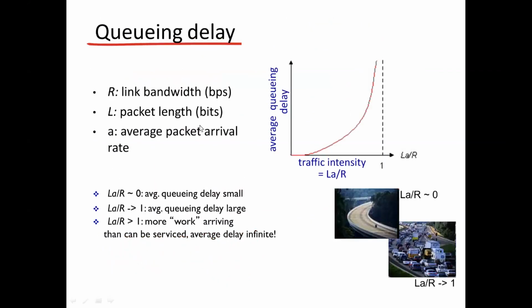Now, what do you mean by traffic intensity? Traffic intensity shows how fast the packets are being sent from the sender, or how fast the packets are arriving. So if the packets are arriving less than L/R, that means the packets will reach the destination quickly.